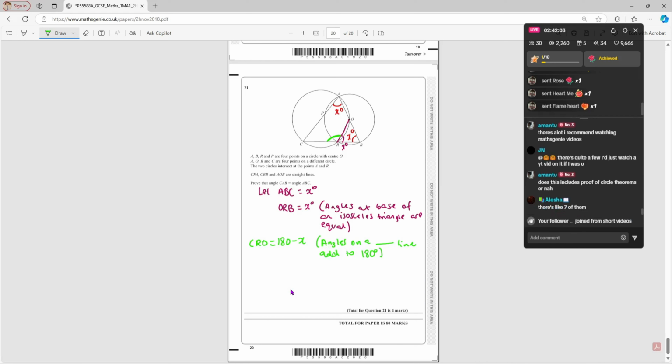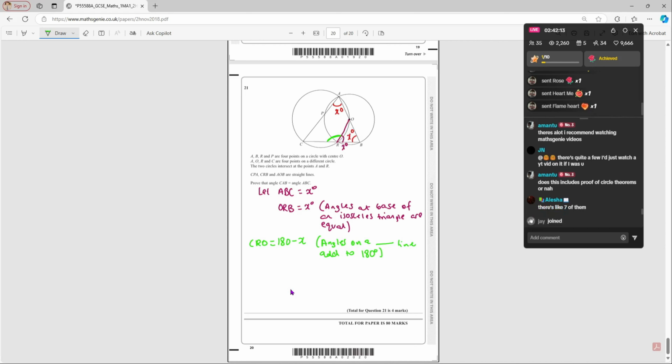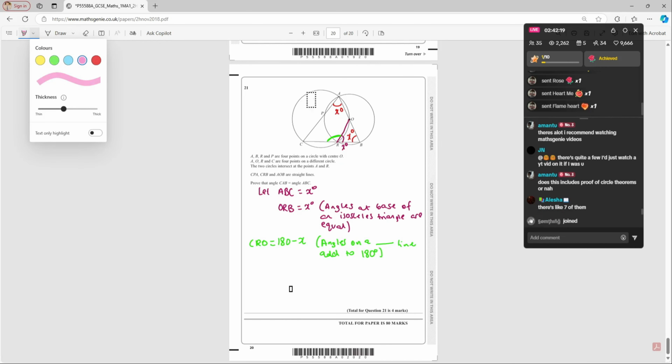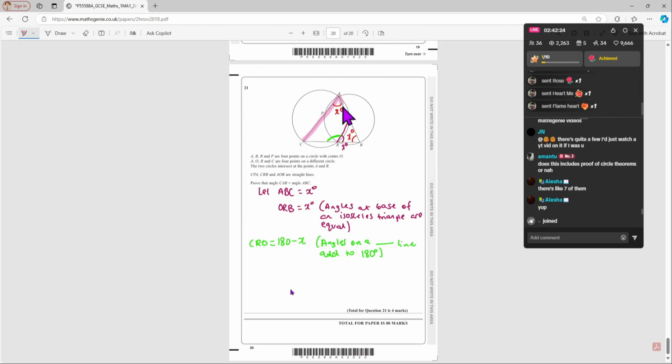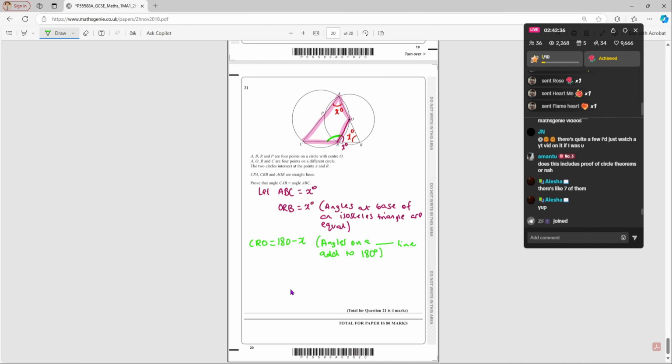And then angle CAB, remember this is a cyclic quadrilateral over here. So if you look at this, this makes a cyclic quadrilateral. So let me quickly label it. Does anyone know in the chat what is the circle theorem that involves cyclic quadrilaterals? That will help us prove that CAB is equal to X, or is equal to ABC.